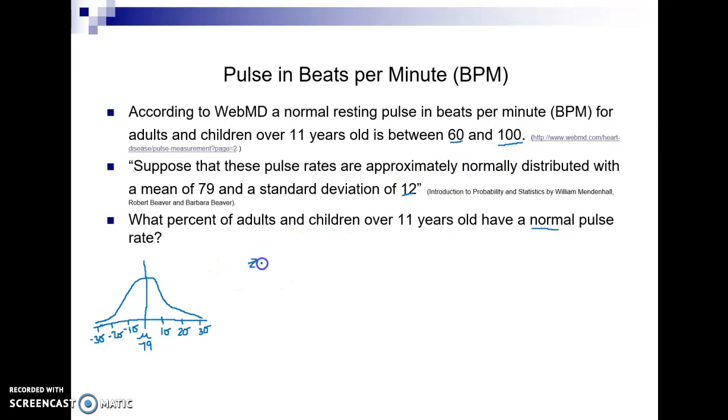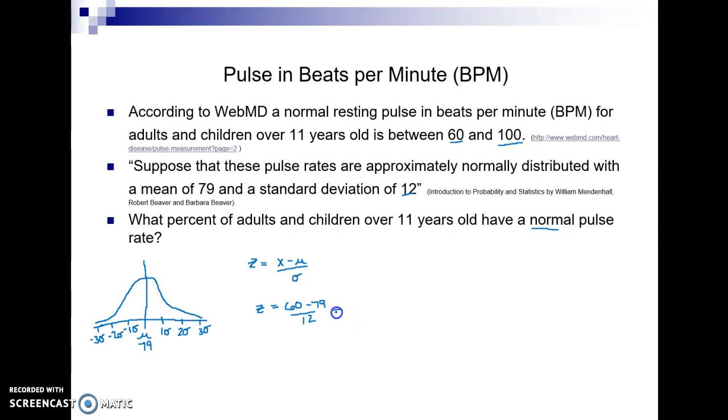In order to use the normal curve, I have to use the z-score formula. That is to take x, our value, minus the mean, divided by the standard deviation. Finding the z-score, I'll do 60 first, so 60 minus the mean of 79 divided by 12.